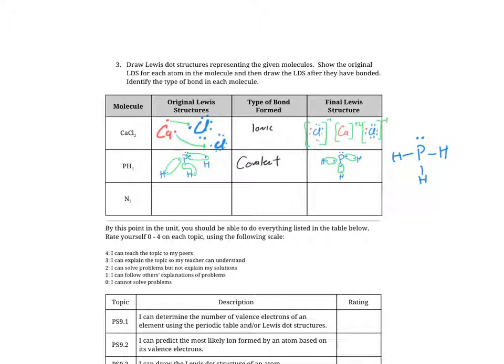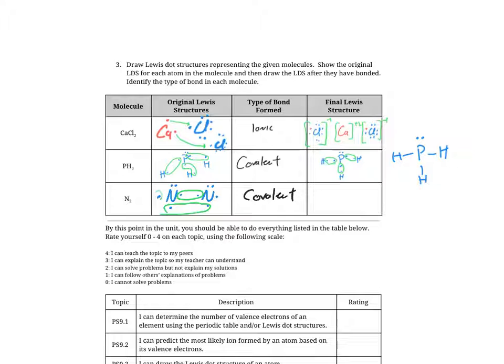All right, the last one is N2. Those both have 5 valence electrons, so I'm going to draw one N here and another N here. 1, 2, 3, 4, 5. 1, 2, 3, 4, 5. And they're both nonmetals, so that's going to be covalent. And they're going to share electrons.